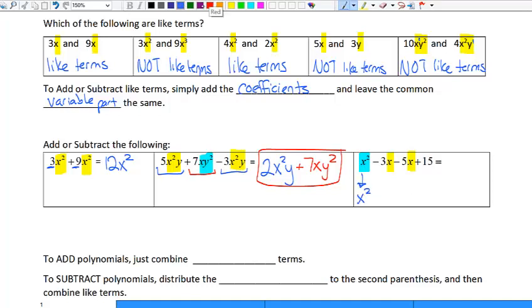It doesn't add with anything because there's no like terms with it. The two terms in the middle, negative 3x minus 5x. I'm going to take their coefficients, negative 3 minus 5, and get negative 8. Keep the variable the same, x. And then the last term, the 15, doesn't have any like terms, so it comes down, and that's now completely simplified.